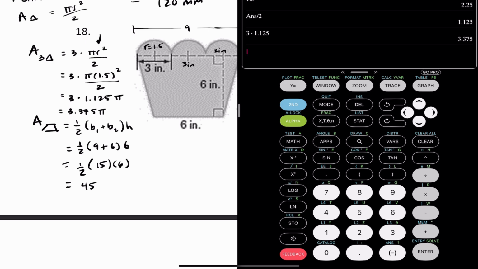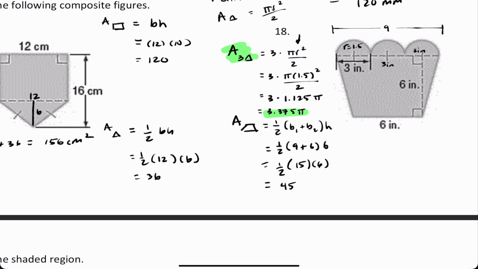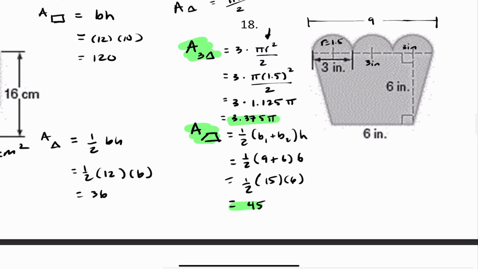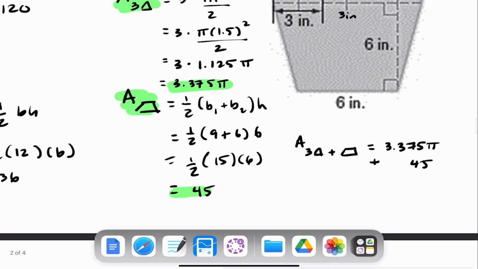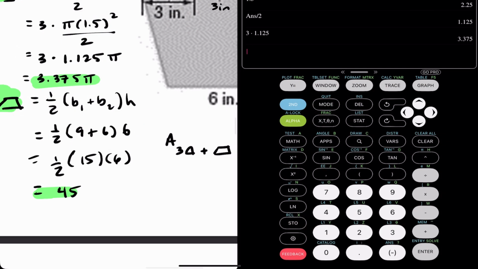So we have our area of 3 semicircles and the area of our trapezoid, so I can just say A sub 3 semicircles plus our trapezoid is equal to 3.375 pi plus 45. And we're just going to round for this one. And yes, we're going to be adding.